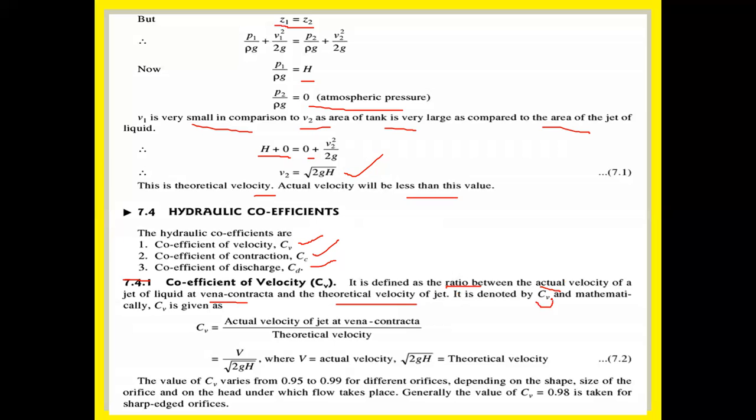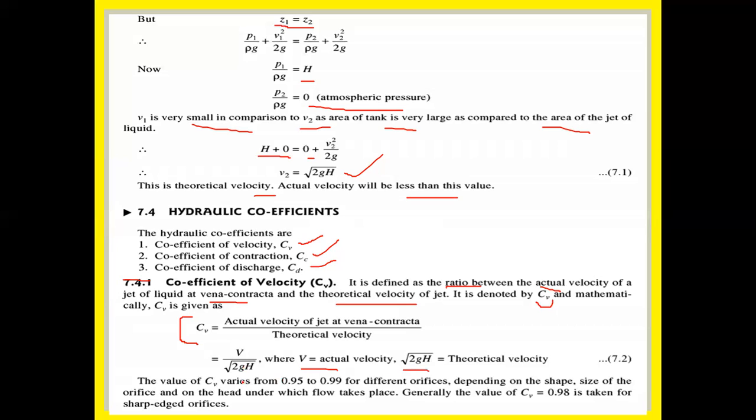Mathematically, CV is given as the actual velocity of the jet at vena contracta divided by the theoretical velocity. That is equal to V by root 2gH, where V is the actual velocity and root 2gH is the theoretical velocity.